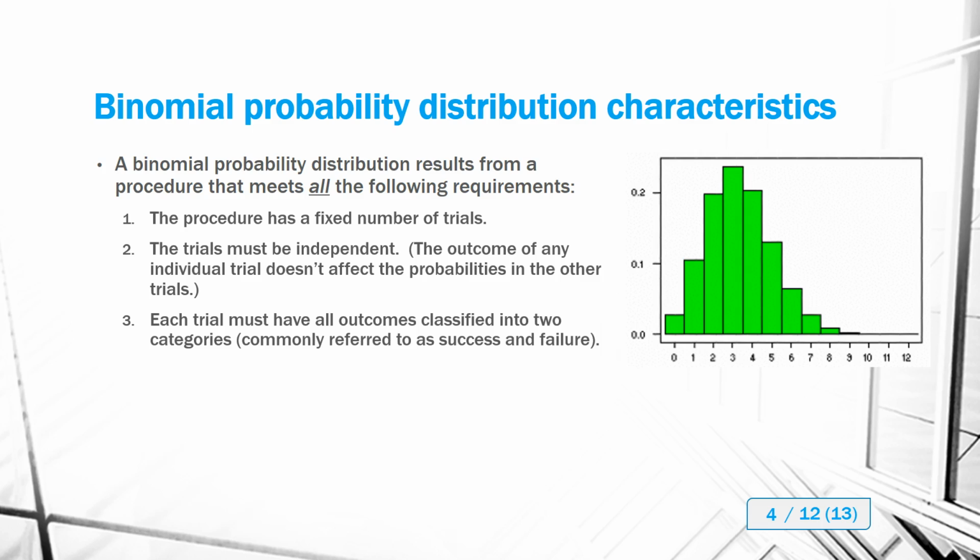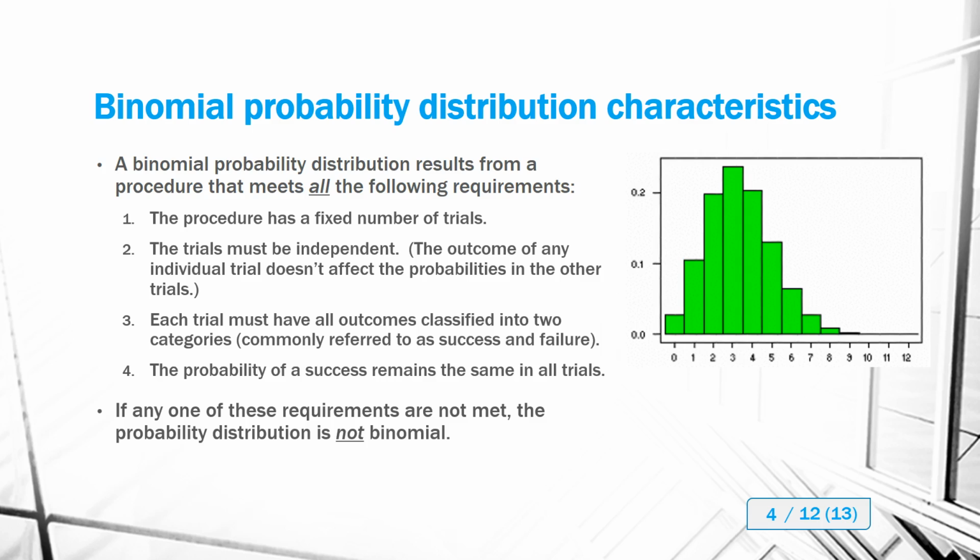We typically, in dealing with the binomial probability distribution, refer to these two categories as success and failure. The probability of a success must remain the same in all the trials. So the trials are independent, and each trial has the same probability of success.